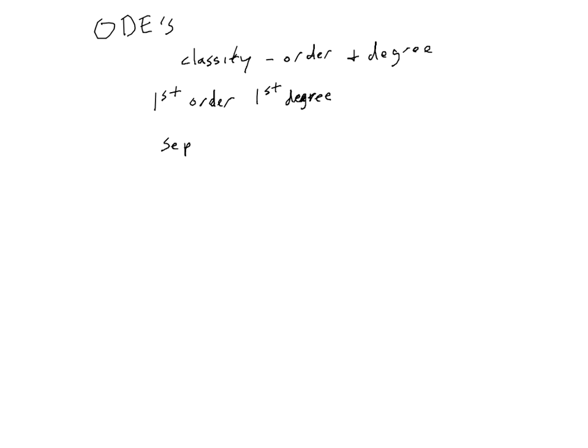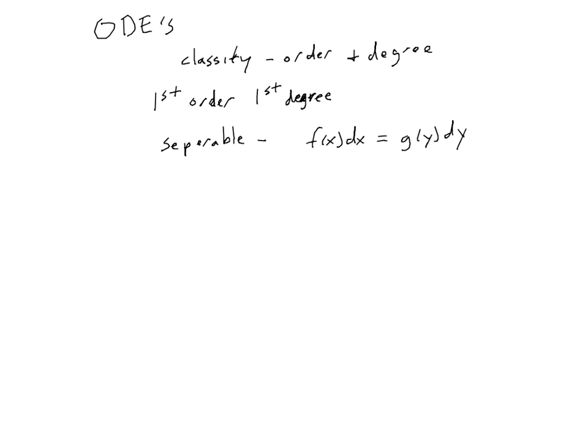The first is to see if it's separable. Separable basically means algebraically you can separate the two variables if there's two. So if it's x and y, then you could have one integral which is a function of x and another integral which is a function of y. That would be algebraically getting to the point where you have f of x dx equals g of y dy, where these are functions of only x and only y.